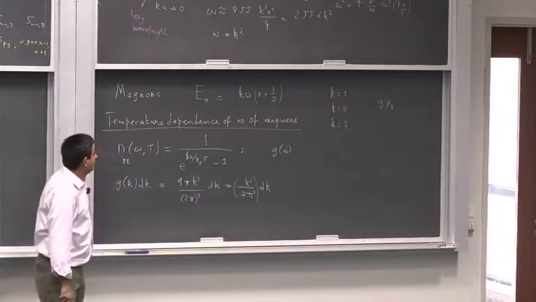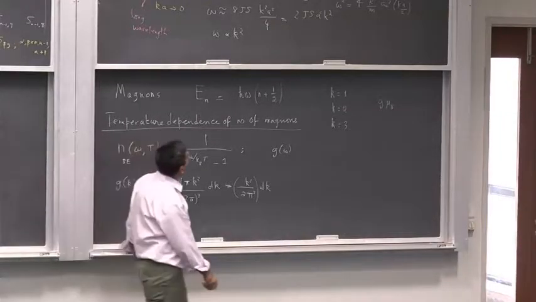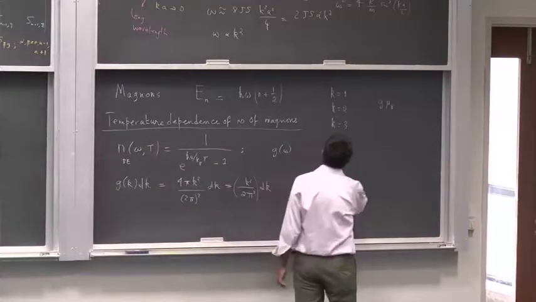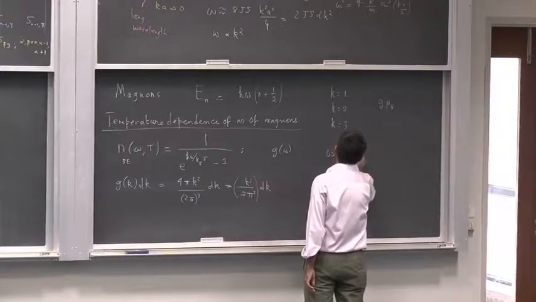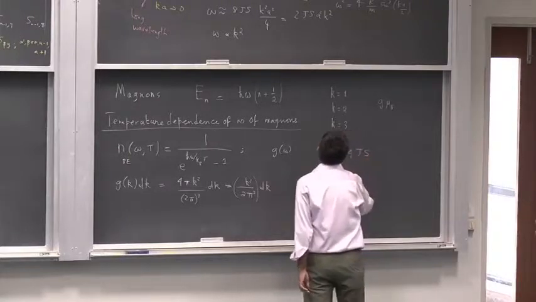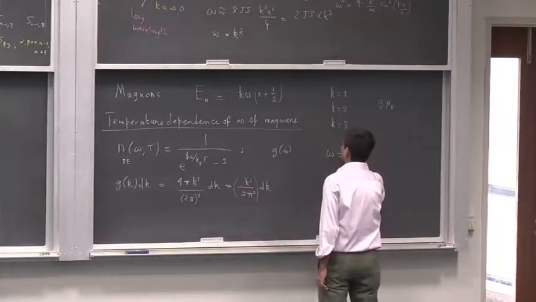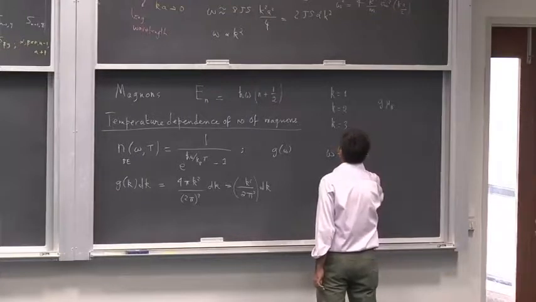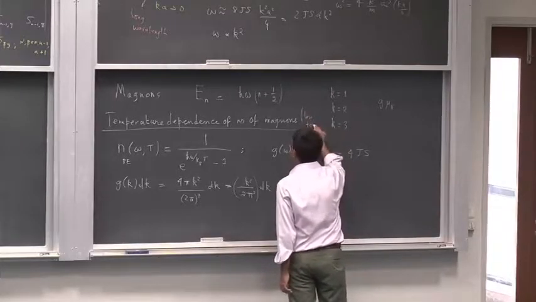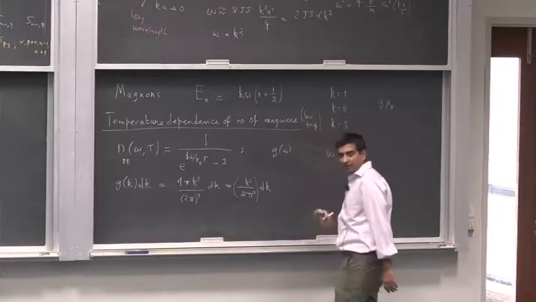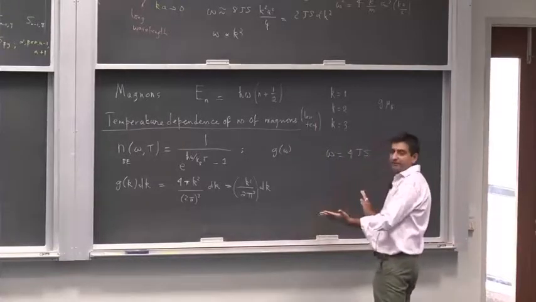Alright. We know the dispersion relationship. The dispersion relationship is omega equals 4JS, or now let's look at the low temperature, the number of magnons at low temperature. Okay, so we're in this long wavelength regime.